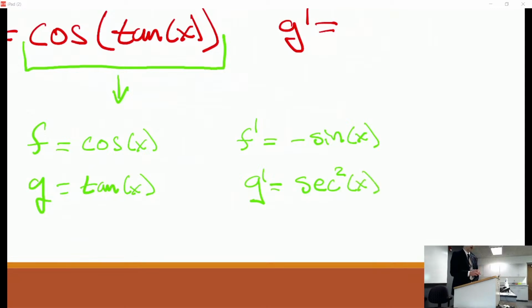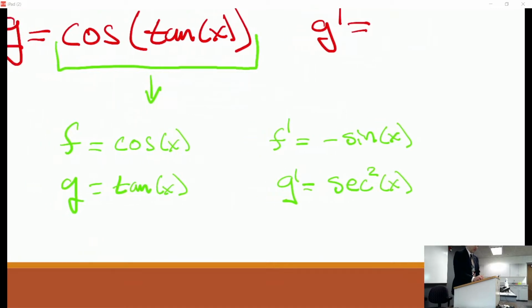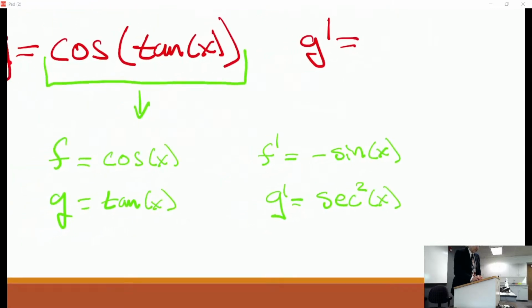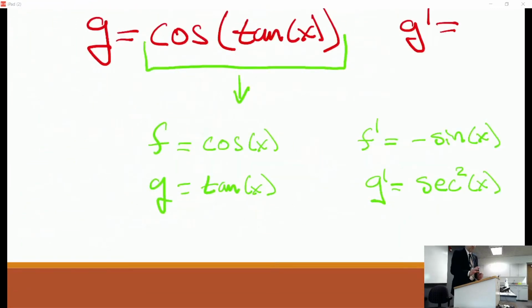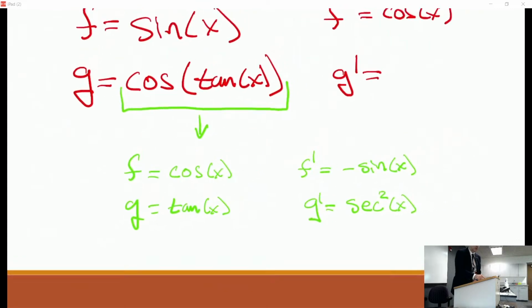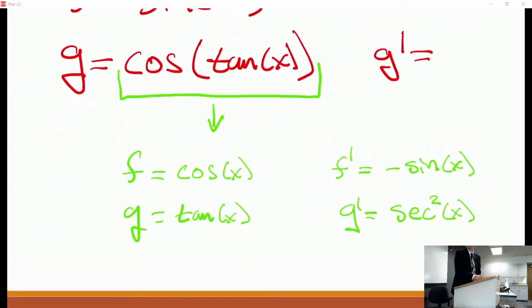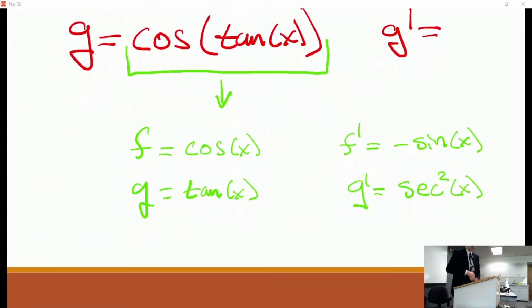Okay, so now here's the hard part: we've gone deep into this chain rule. We have to work our way back out of the chain rule. So we're going to just focus on this one thing. It's nice that I can blow this up so we are only looking at this one piece. After we do that piece, we'll zoom back out and do the other piece. Let's do this one.